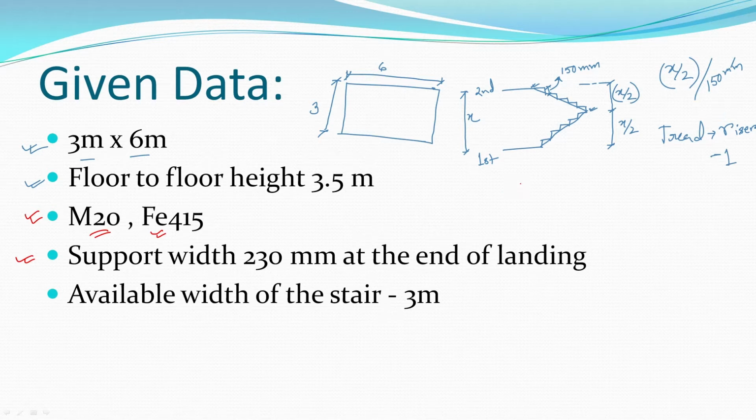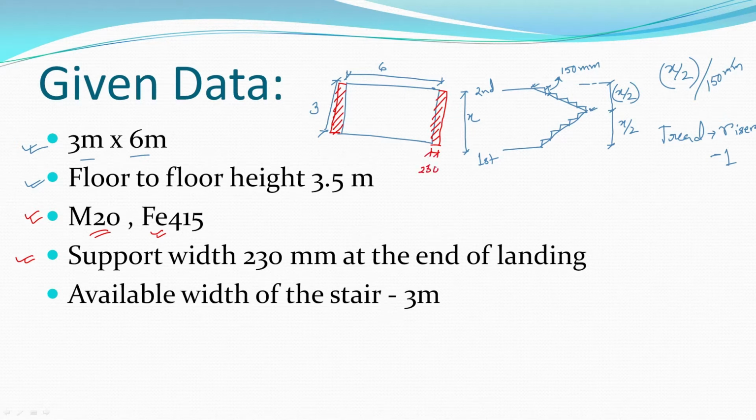If this is the total area of the staircase, the support is at the end of the landing. So this is the end of the landing, here is the support, and this particular width is given.